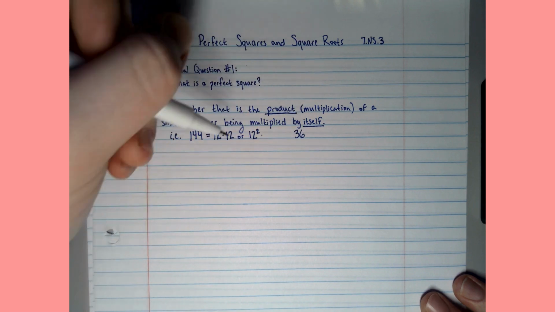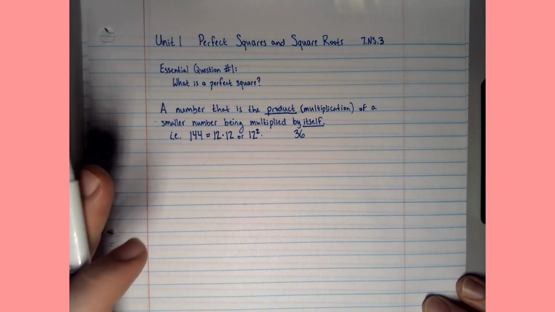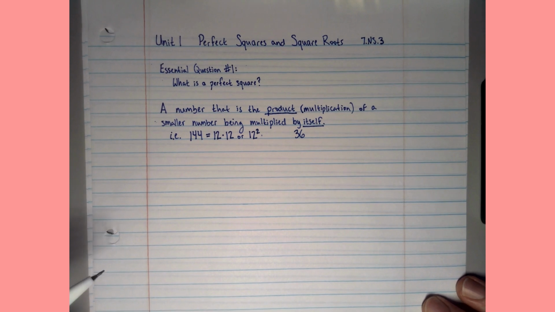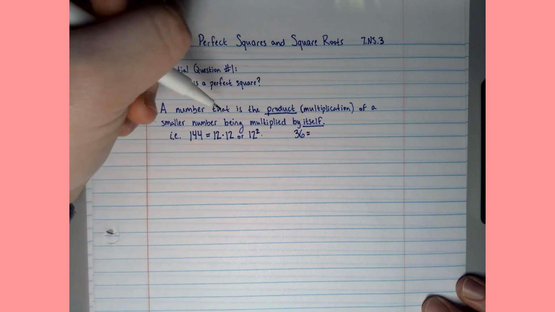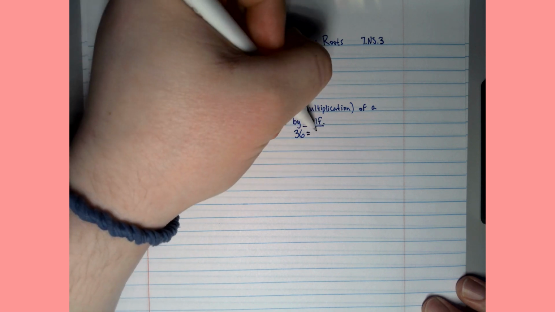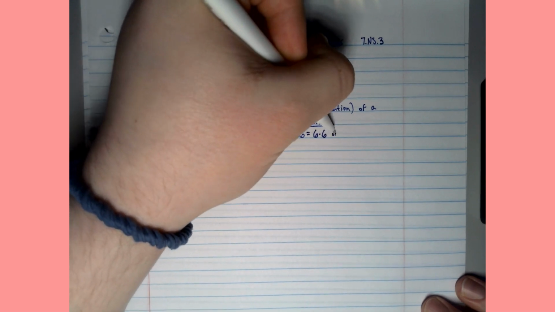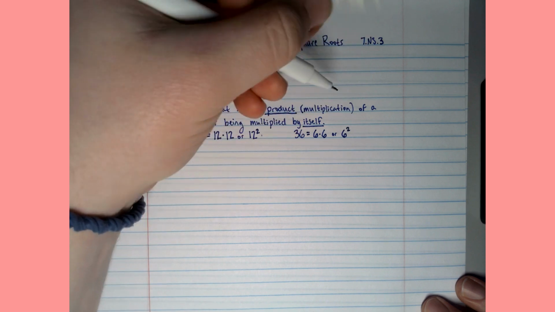So another example, I'm going to use 36. 36 is a perfect square. Again, you can see these in the multiplication table that you should hopefully create for yourself on your SOL when you get your scratch paper. 36, hopefully we know 36 is equal to 6 times 6, or you might see that written as 6 to the second power, also called 6 squared.